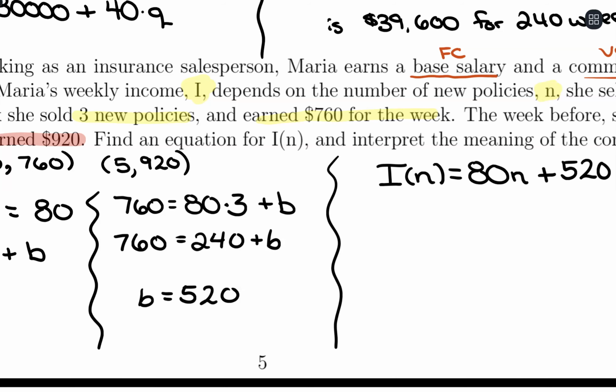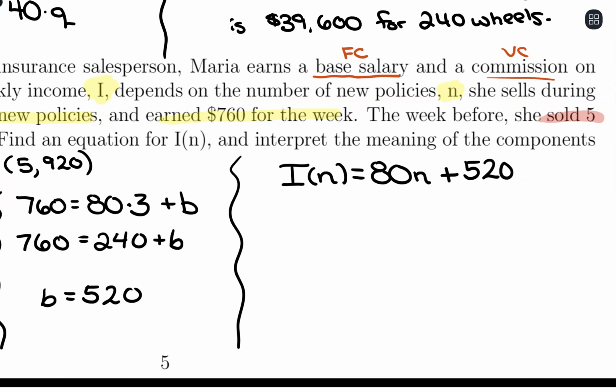Now, as they described above, there's this base salary, so that's our fixed cost. So that's what this 520 is relating to. So that's the base salary for the week. And then the commission, that variable cost, is coming from our slope, which is 80.